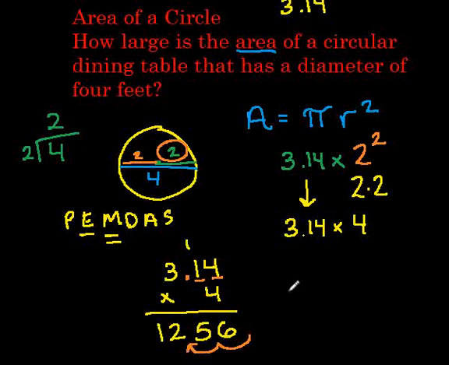So the area of this circle, or this dining table, is 12.56. Since we were talking about feet, we write feet, and since area deals with squared units, it's 12.56 feet squared, or squared feet. That's another way of saying it. Those are 2 word problems that deal with the area of a square or a rectangle and the area of a circle.